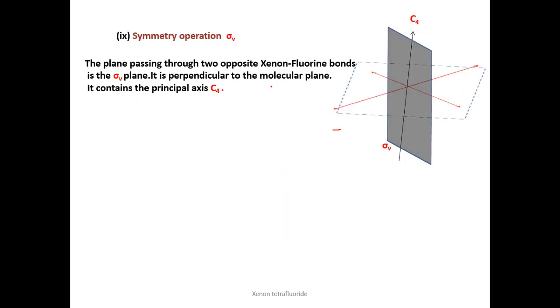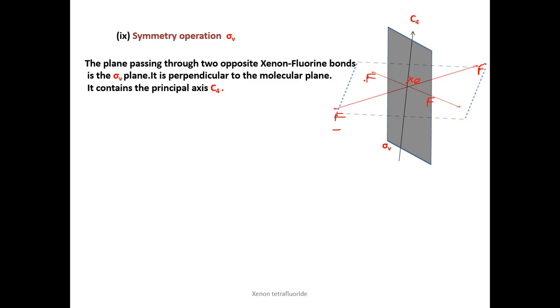Next we come to the symmetry operation sigma v. The sigma v plane contains the xenon atom and 2 fluorine atoms. The sigma v plane will be stretched further. The remaining 2 fluorine atoms are not present in the plane.